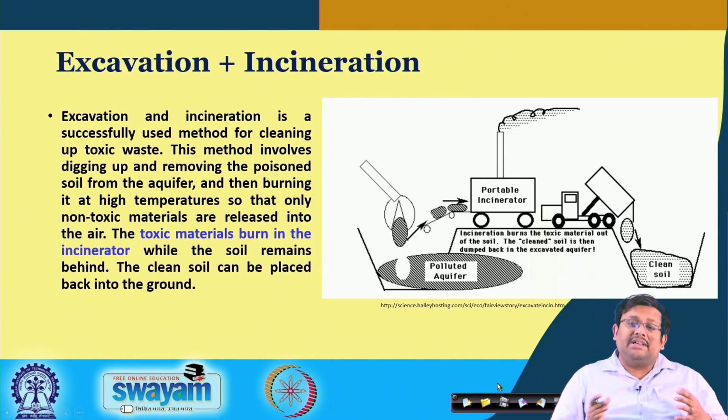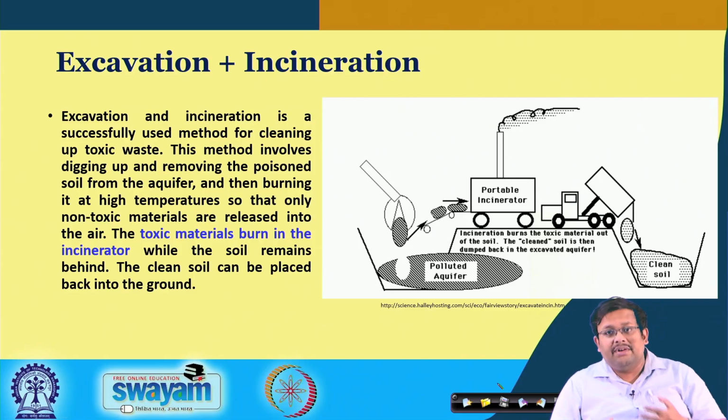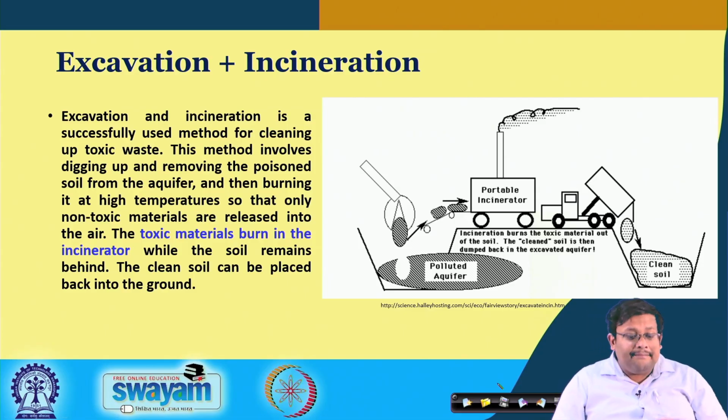So, we have talked about excavation, and we have talked about thermal treatment or incineration. Sometimes both excavation and incineration are operated simultaneously for treating the soil. Excavation and incineration together is a successfully used method for cleaning up toxic waste.